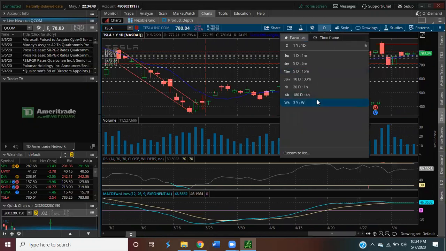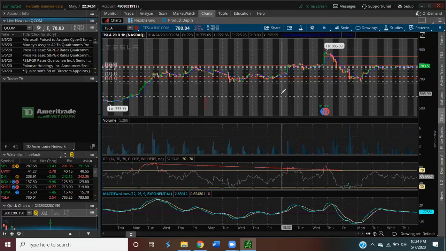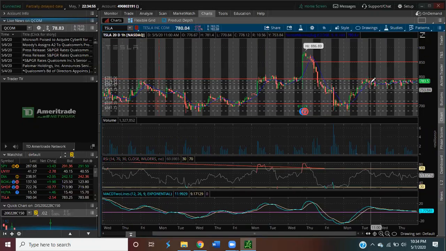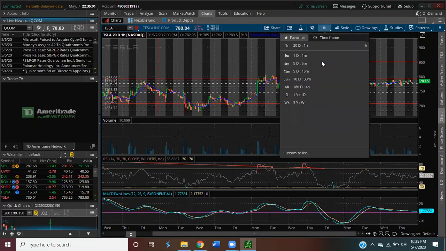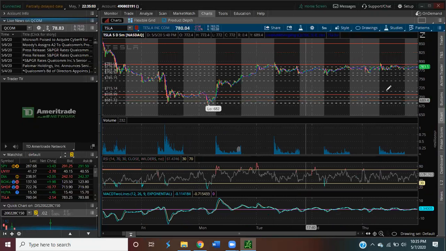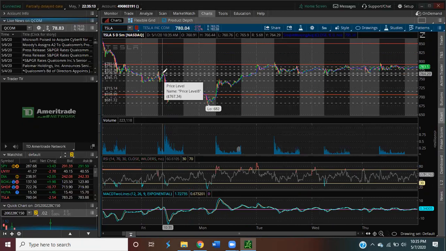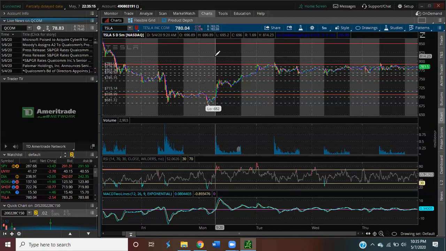You can't hardly see it, but y'all remember we pointed out that 760.97 was our long-term resistance. So it pushed right back up to our long-term resistance again. That would have been your Tesla trades. And honestly, that's all it is to it. That's literally all I do for day trades.